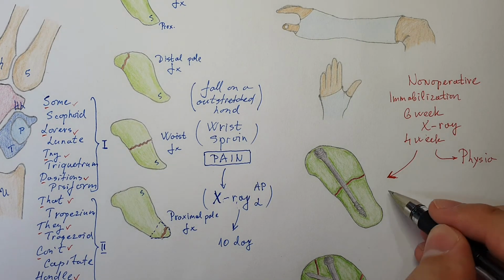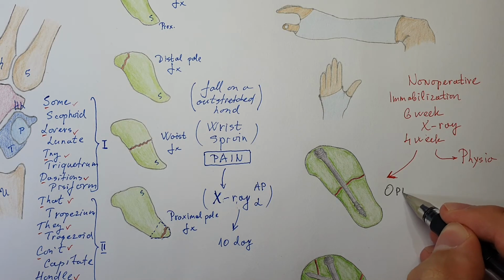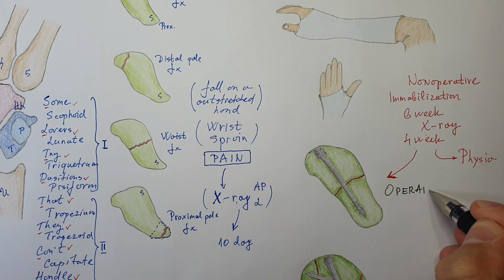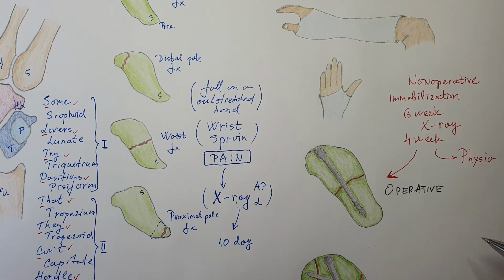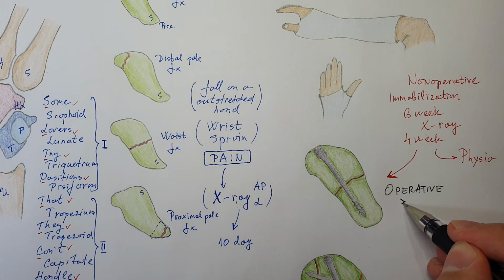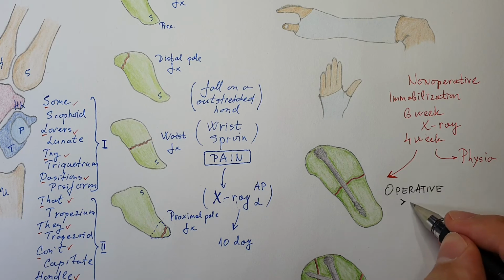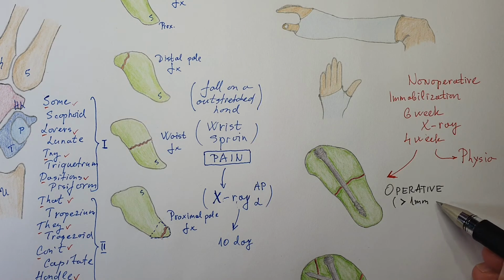But operative treatment is reserved for fractures that are displaced. So more than 1 millimeter in displacement should be put into consideration whether it will be operated or not.